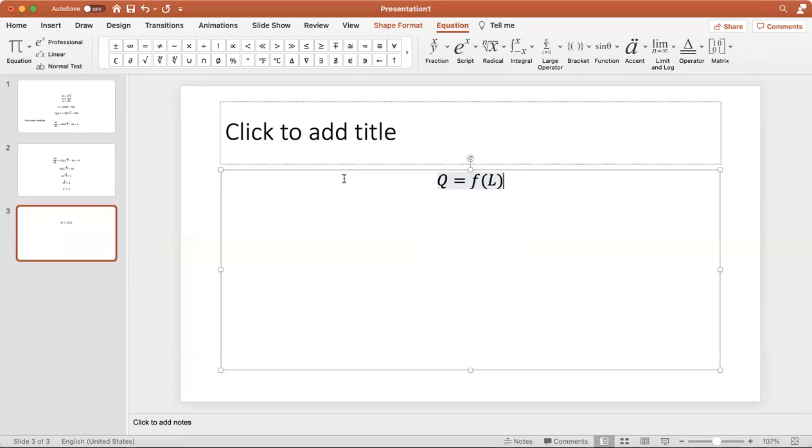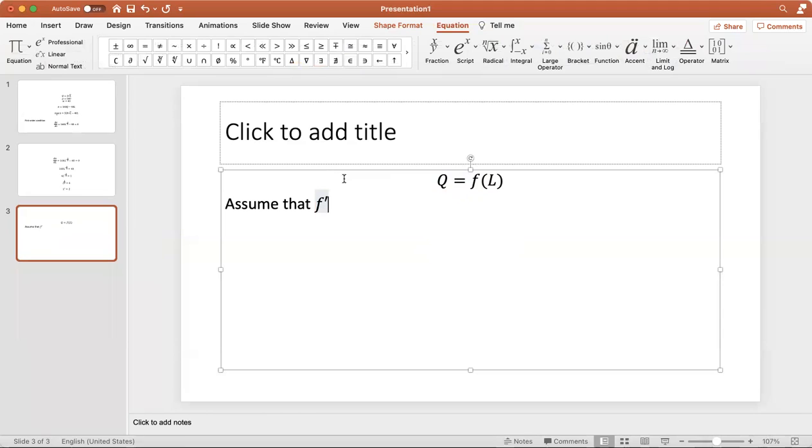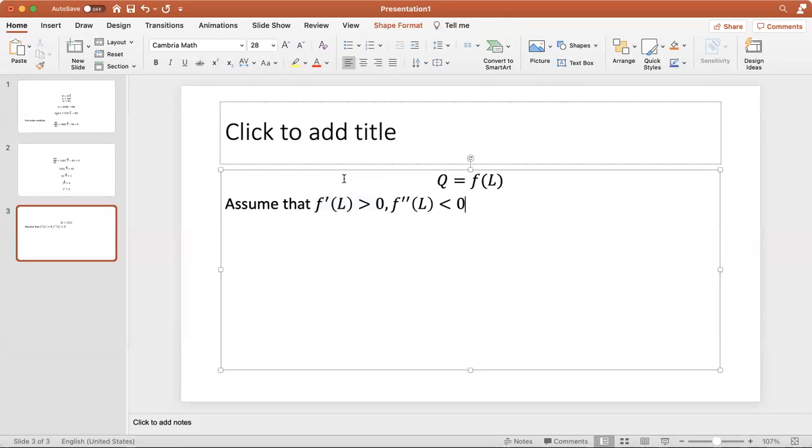And let's assume that the first derivative of the production function is positive, right? And the second derivative is negative. What does this mean?